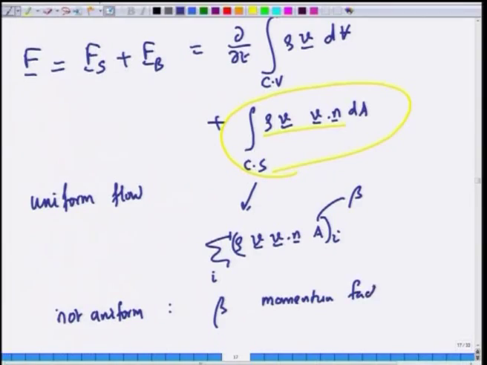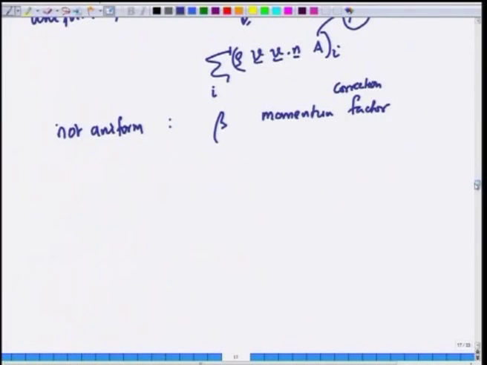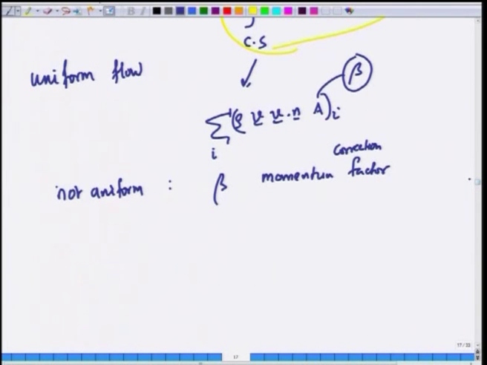So we can take into account the effect of non-uniformity in the velocity profile in a simple way by using this correction factor, and we have derived what these values are for laminar flow of a fluid in a pipe and so on. Then we discussed the integral balance of energy.